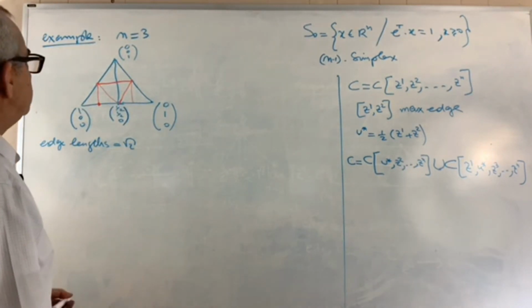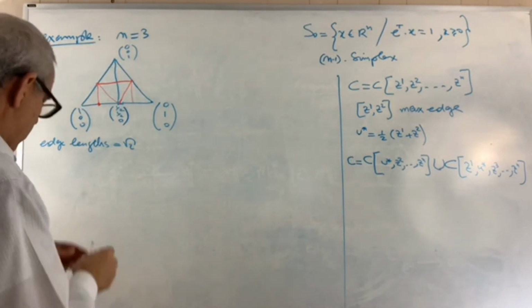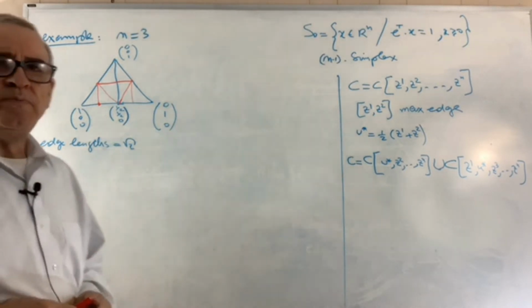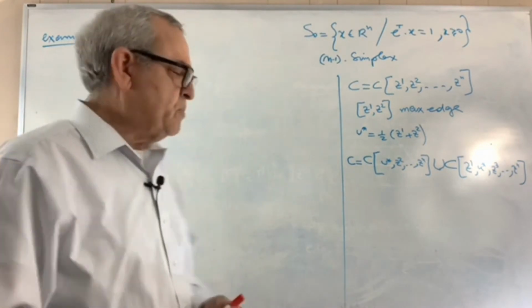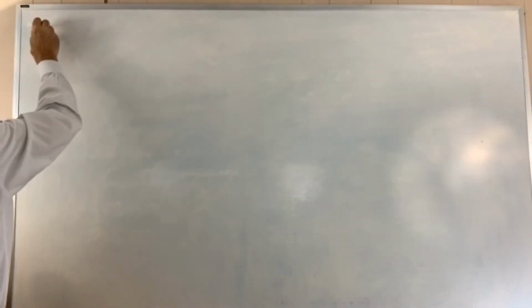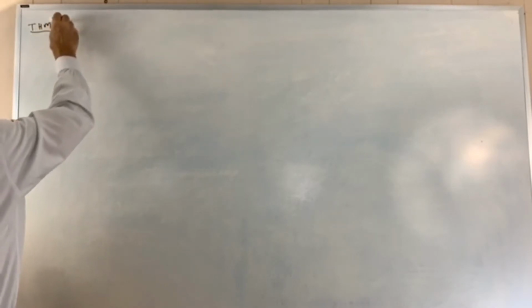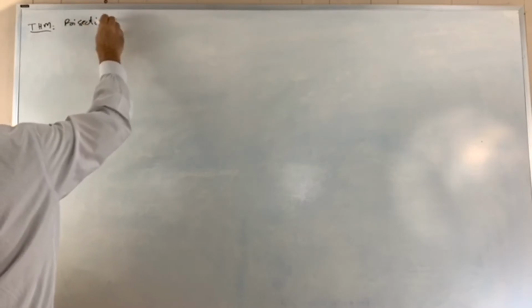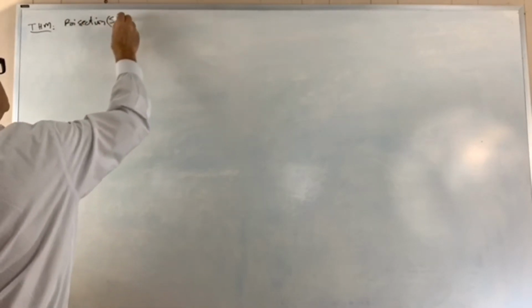So we have to prove now that, I mean, it's obvious that this process is exhaustive, but let's prove that. The bisection SP is exhaustive.